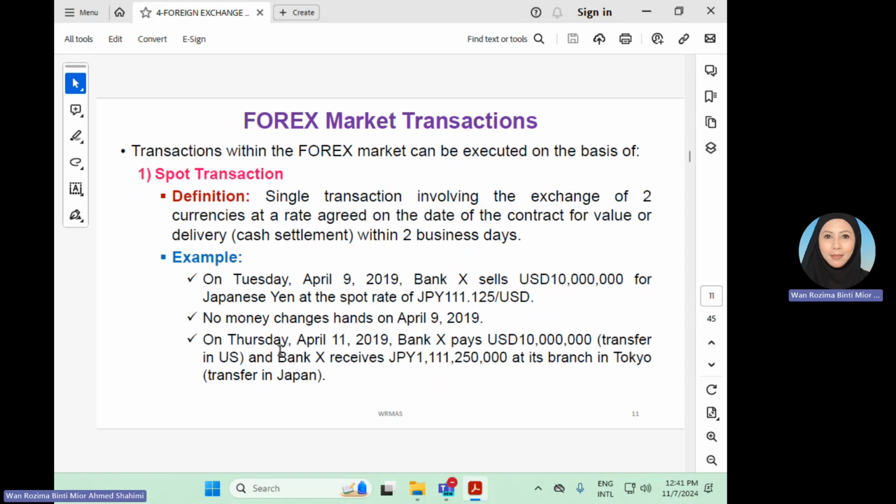Meaning to say that $1 of USD is equivalent to Japanese yen 111.125.